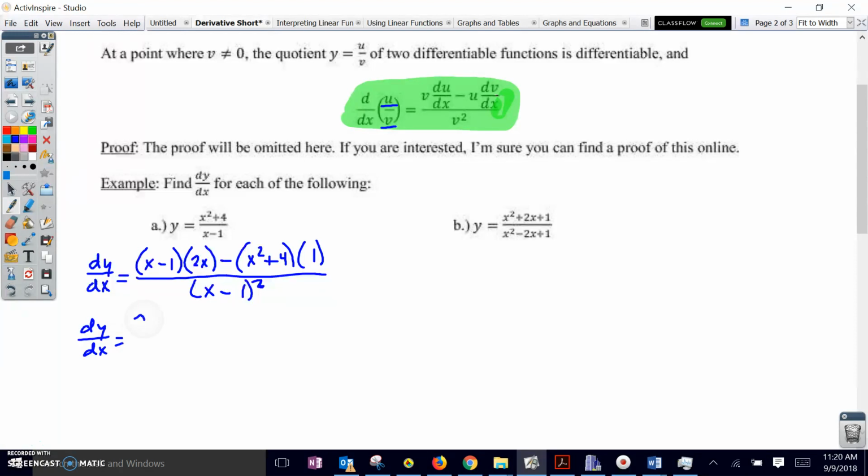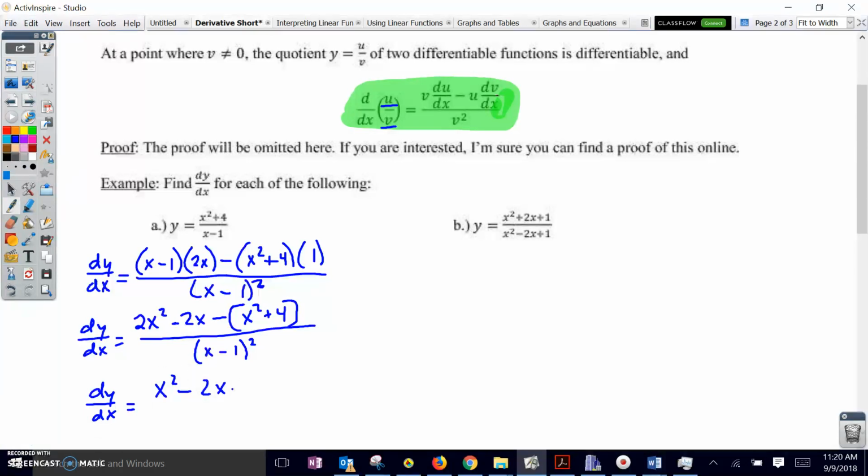And so I'll multiply these things out. It gives me 2x squared minus 2x minus the quantity x squared plus 4 all over x minus 1 quantity squared. And simplifying this, I get x squared minus 2x minus 4 all over x minus 1 quantity squared.